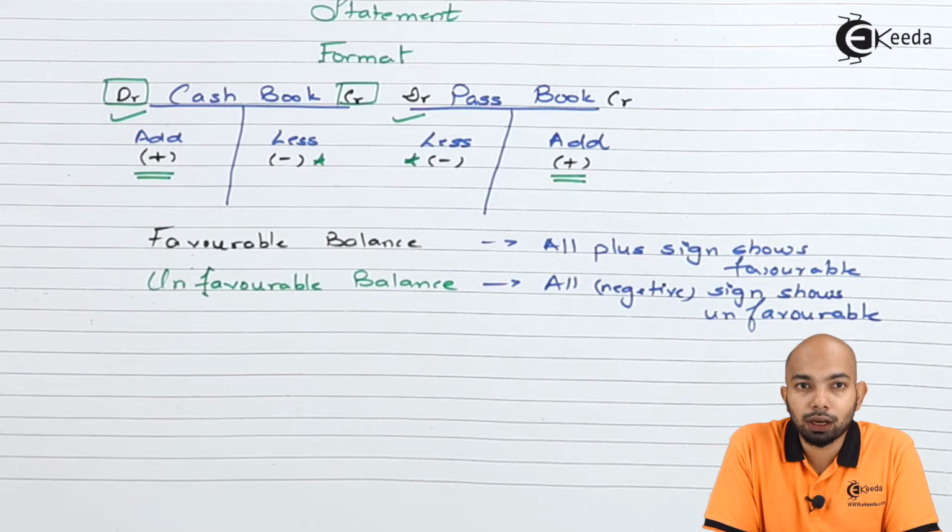So a negative balance is always unfavorable and a positive balance is always favorable. If the starting point is a favorable balance, the end point will always be favorable. And vice versa, if the starting point is unfavorable, the answer will always be negative or unfavorable.